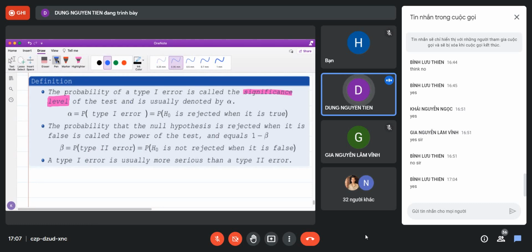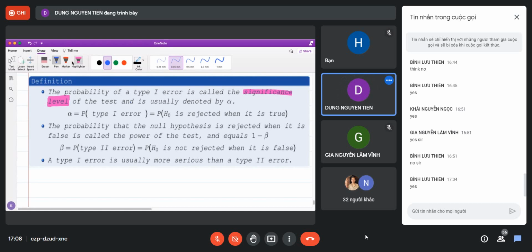If you have a look at 1 minus beta, you get the probability that you can reject the null hypothesis when it is false. All right? And actually, you really want that, okay? So 1 minus beta gives you the probability that you can reject the null hypothesis when it is false, and that is called the power of the test.